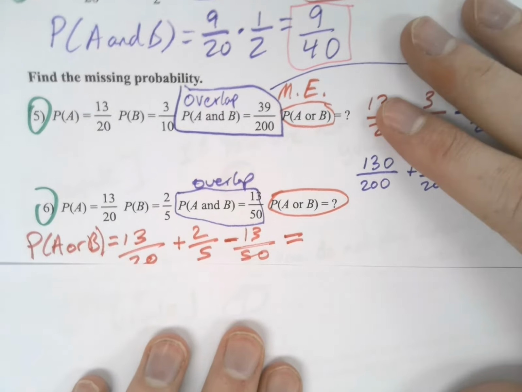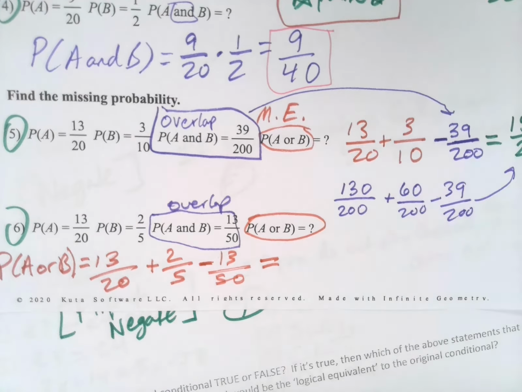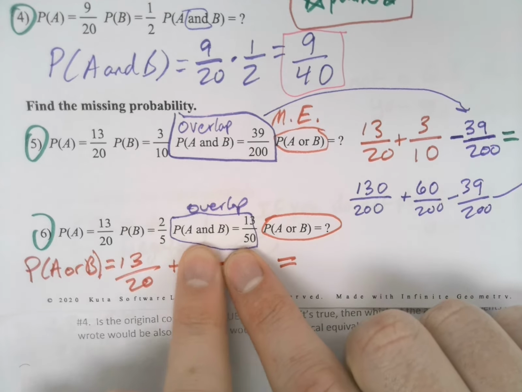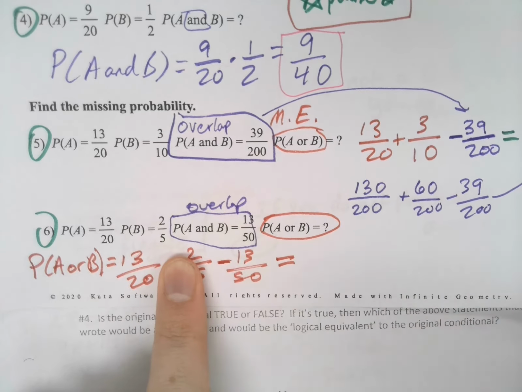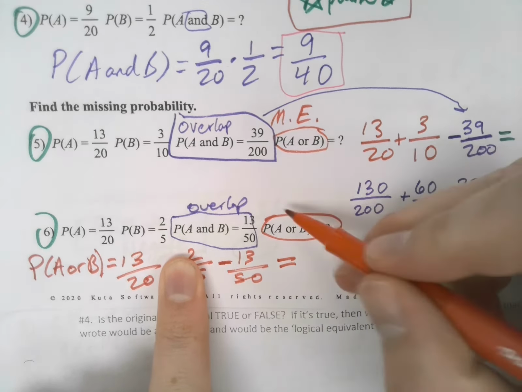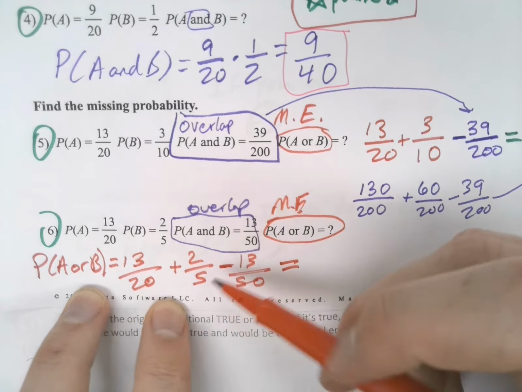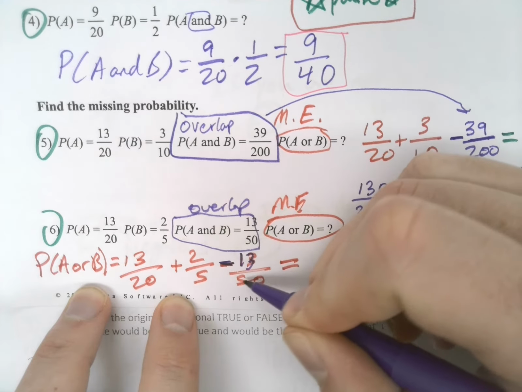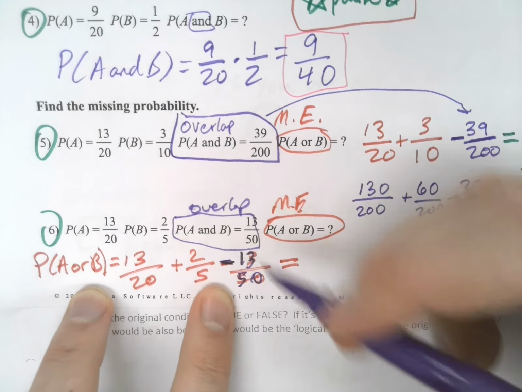How about last one here, number 6. So we know that once again, we have the overlap. We've got the individuals. We're trying to find the mutually exclusive. So we say, okay, we're going to do 13 over 20 plus 2 over 5, and then we're going to subtract the overlap because we can't count these chances twice.